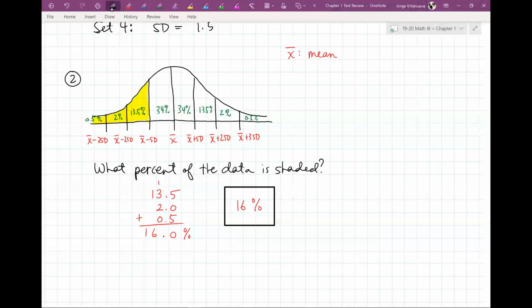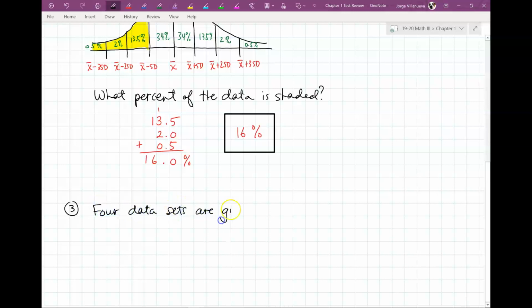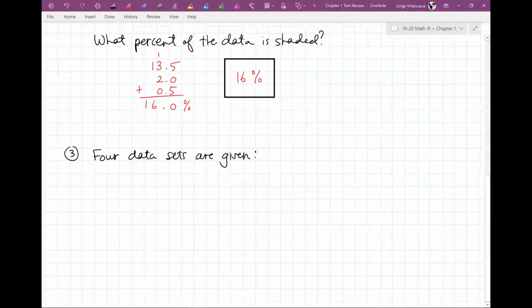All right, so let's look at question number 3. Question 3 is going to give us 4 data sets. I'm writing these out the way the test is going to be formatted for you, so you can get used to it.